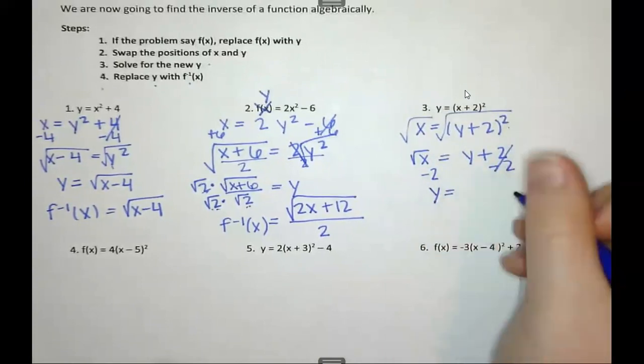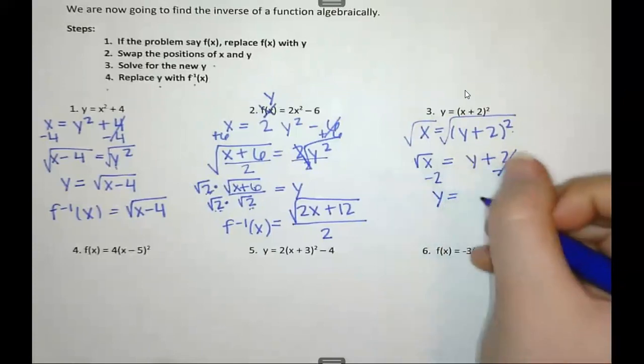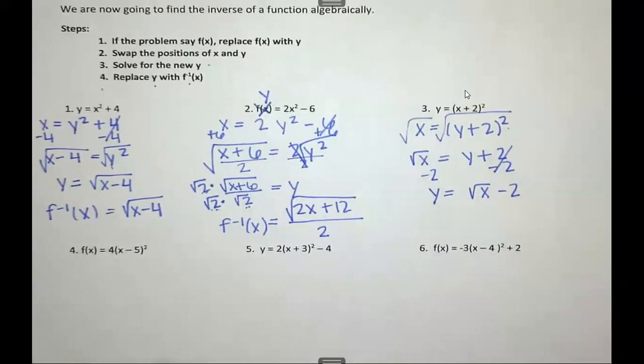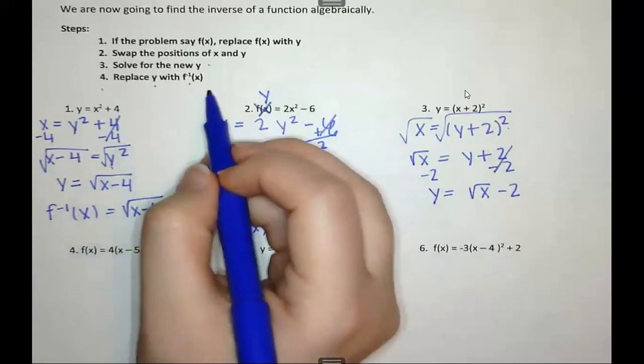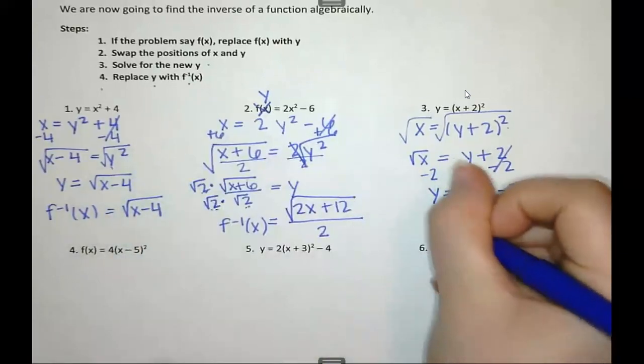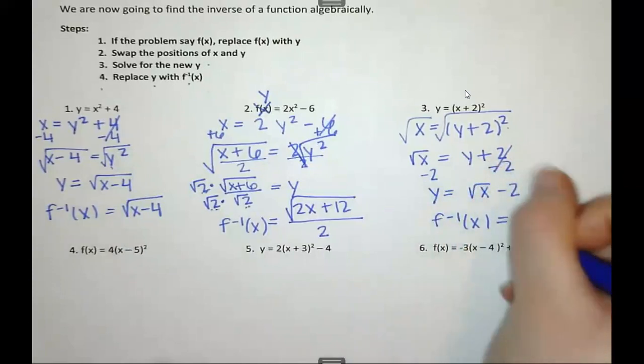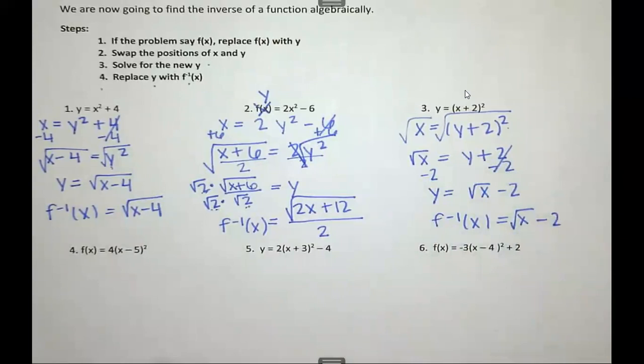That's where we normally see it. I'm going to have the square root of x minus 2, since I can't combine those. And our last step is to replace y with the inverse. So here is my final answer.